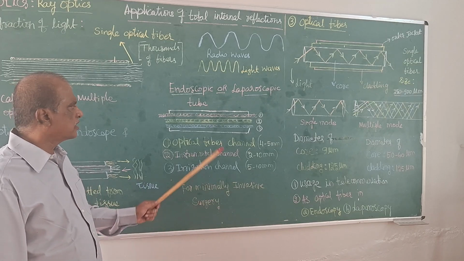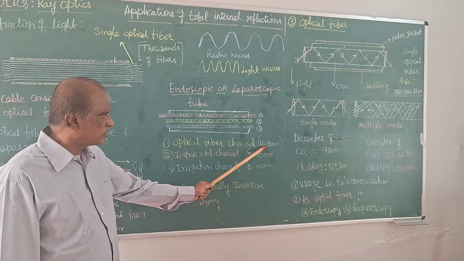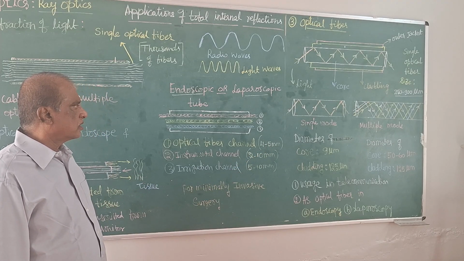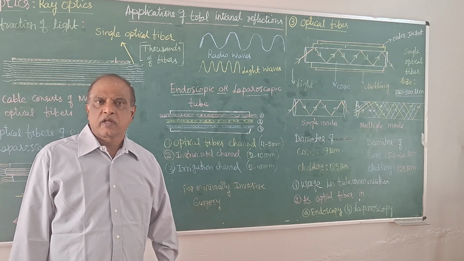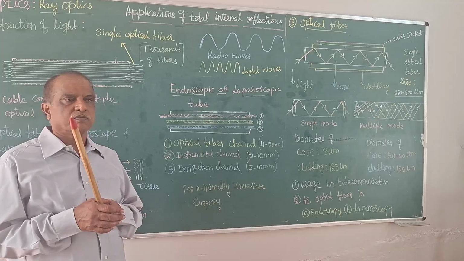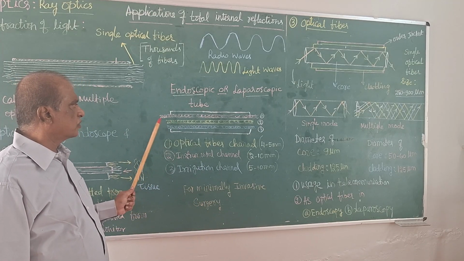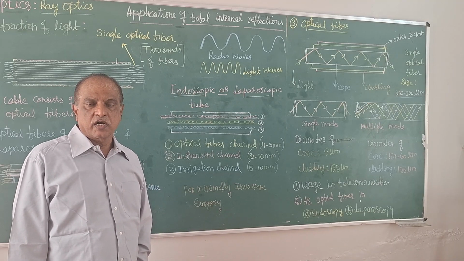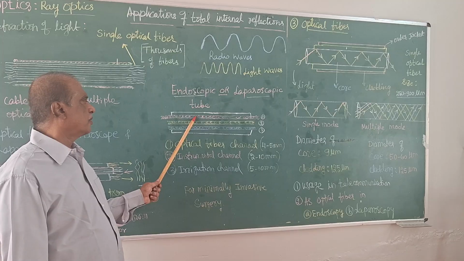In spite of being smaller in size, millimeter size, it can send the light of high intensity. It may be a laser as well, from the source to the point of site. That is the characteristic property of the optical fiber.